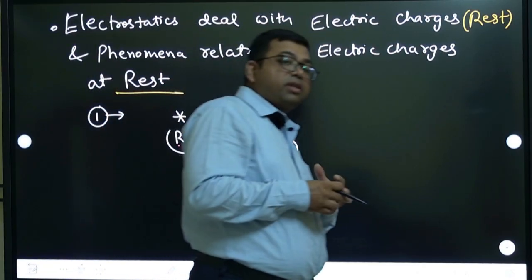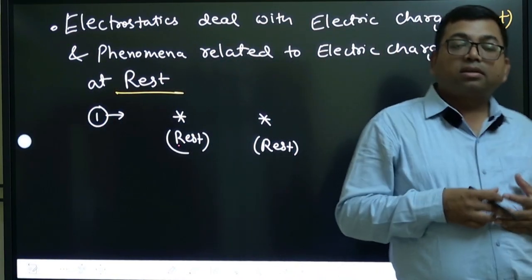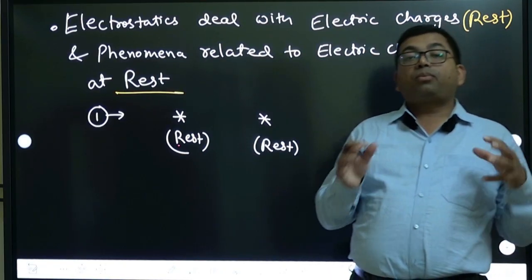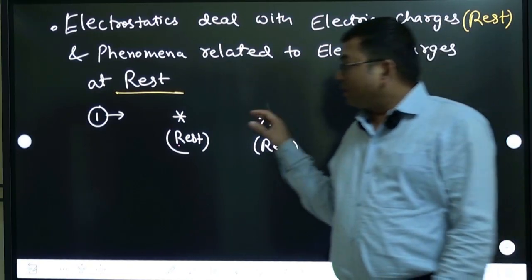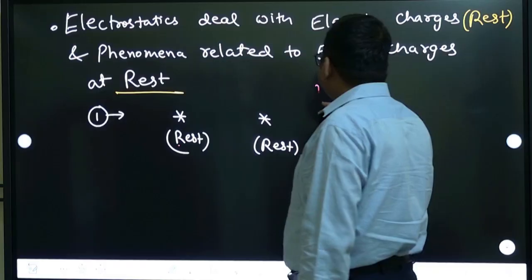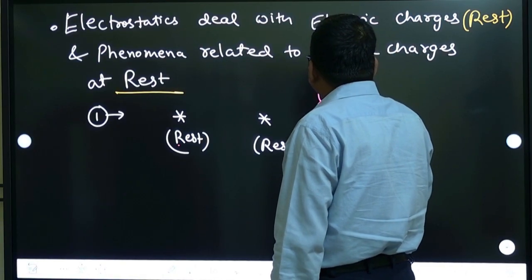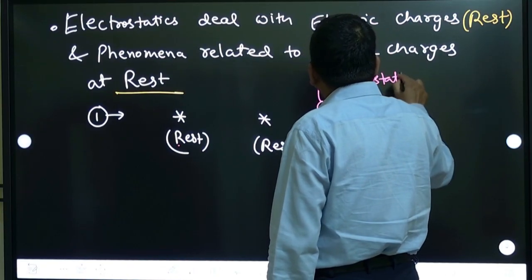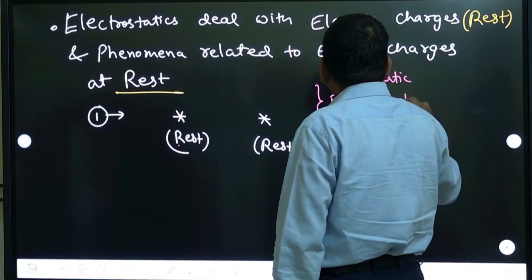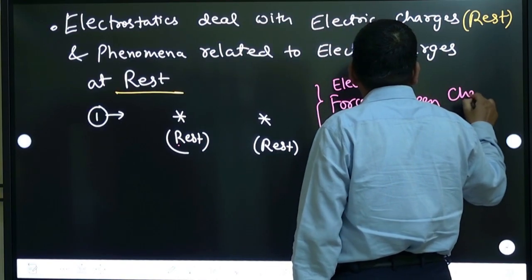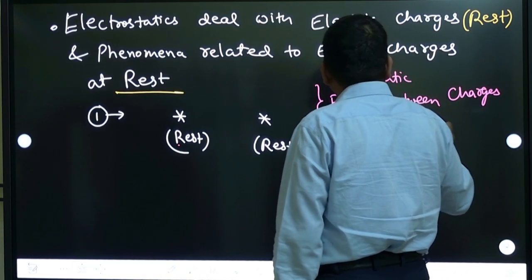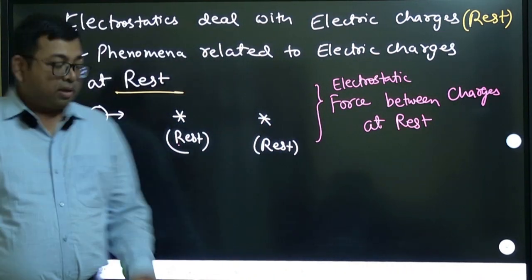We can see that two charged bodies can attract or repel. If they are similar charges, they will repel; opposite charges attract. So there is a force between charges, which is called electrostatic force, between charges at rest.